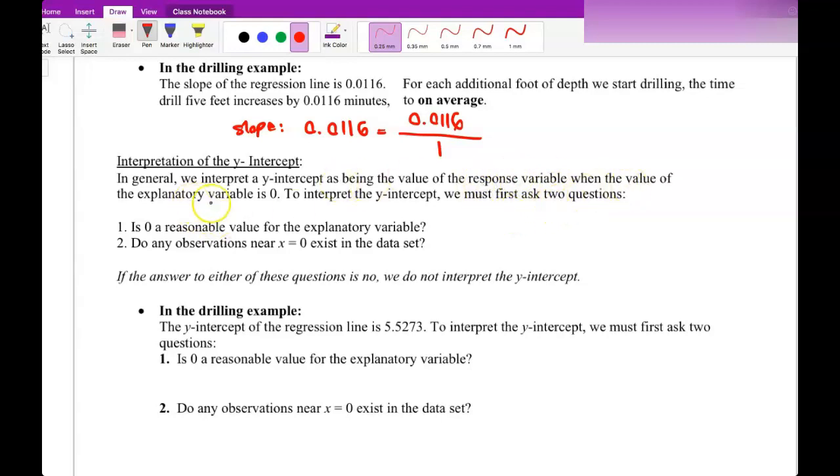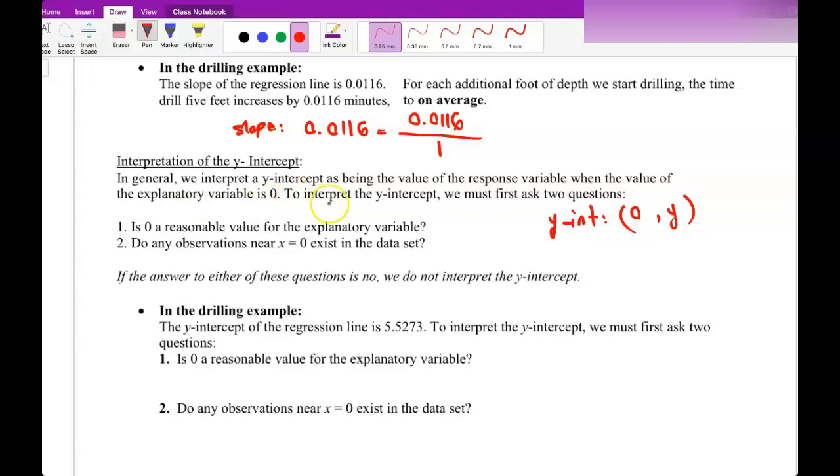When the value of the explanatory variable is 0, so when x is 0, to interpret the y-intercept, we already know that for the y-intercept we have x equal to 0, and we need to find y. So this is exactly that one.